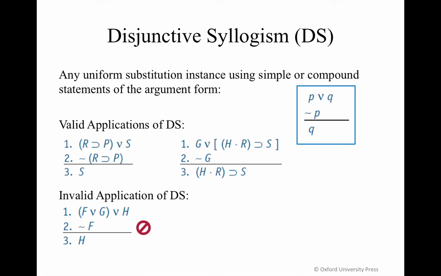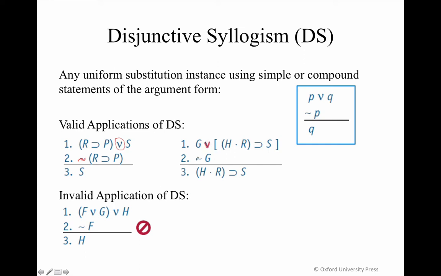Now take a look at the applications. And I think you can see that we have, once again, complex sentences, more complicated than what you're seeing in the rule form. But when you highlight the main operator for each, you see that we have a disjunction, and the left side of the disjunction is rejected, which leaves the right side.